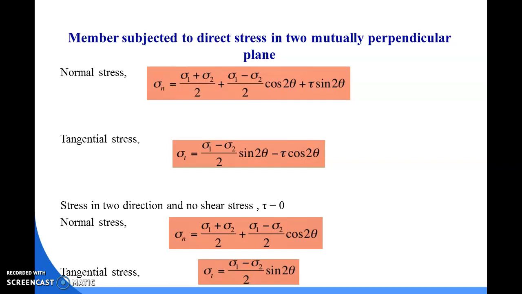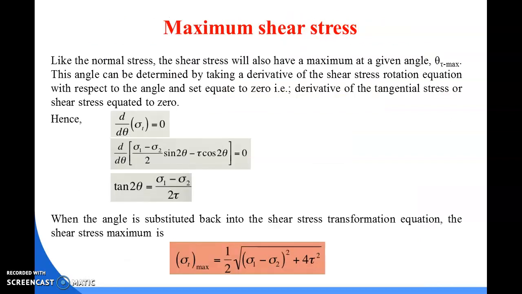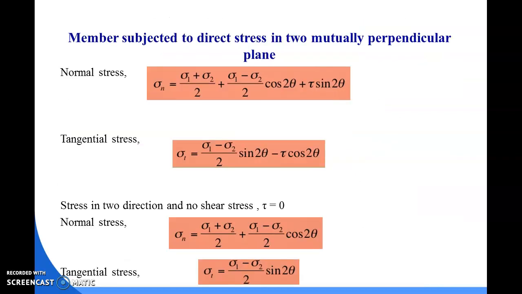From the formulas we got for normal stress and tangential stress in the complex stress 2D system, we modify them to get the normal stress and tangential stress for direct stress in two mutually perpendicular planes.